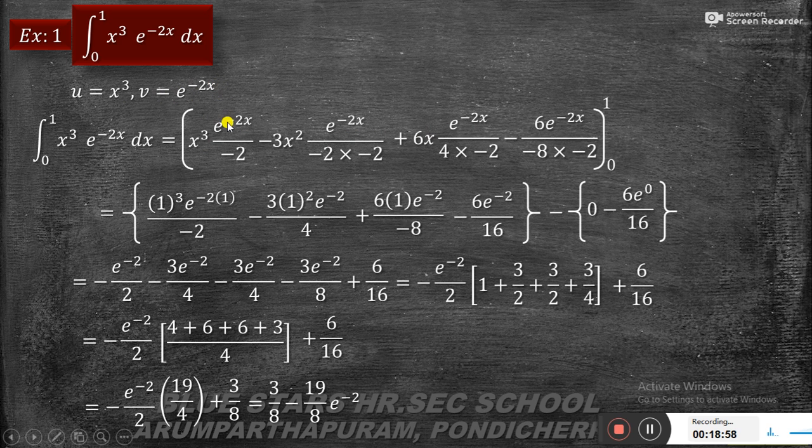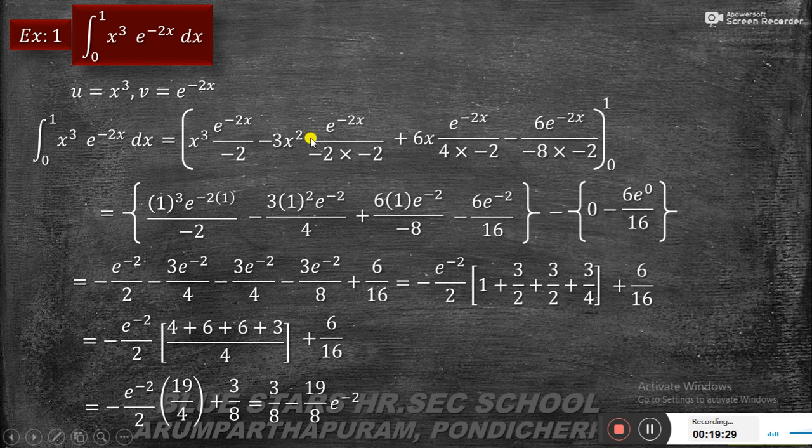Integration of e power minus 2x is e power minus 2x by minus 2 minus u dash, means differentiation of the x cube is 3x square into, next we integrate the e power minus 2x by minus 2, we integrate the exponential, so again e power minus 2x by minus 2 into, again write the coefficient of the x, that means coefficient of the x is minus 2, it divides, so minus 2.